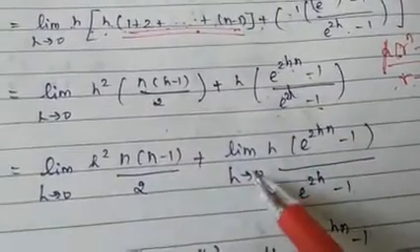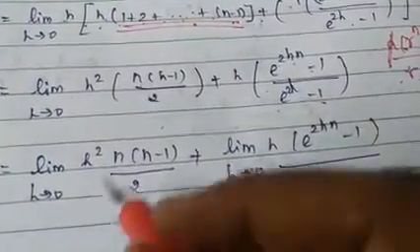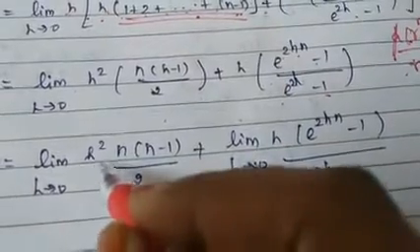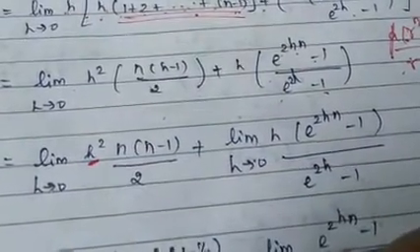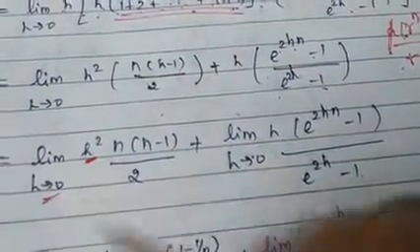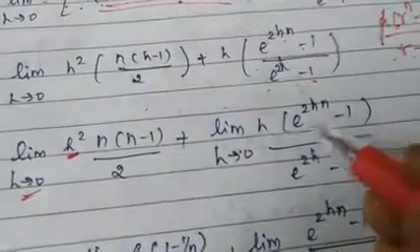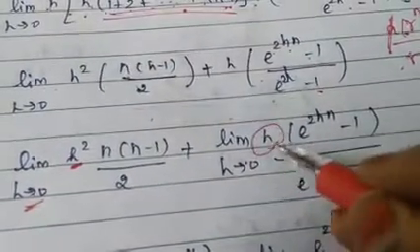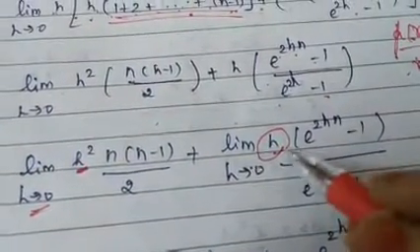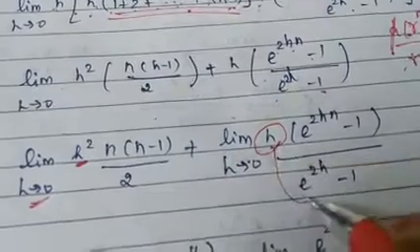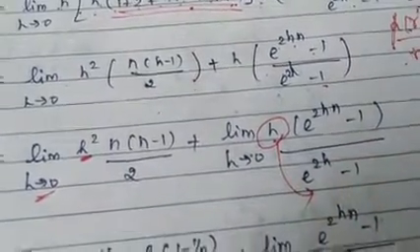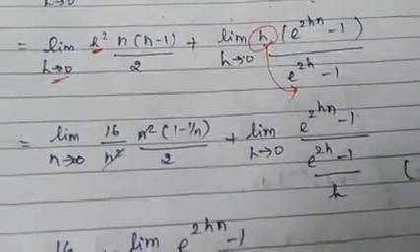So I have separated the limit, and after that step, substitute the value of h. Therefore, this will become n tends to infinity. And I told you will always be having h here, so bring it to the denominator and separate limit for both numerator and denominator.